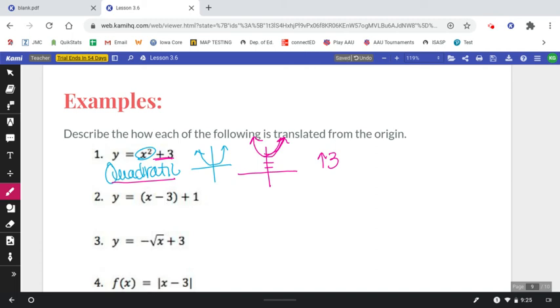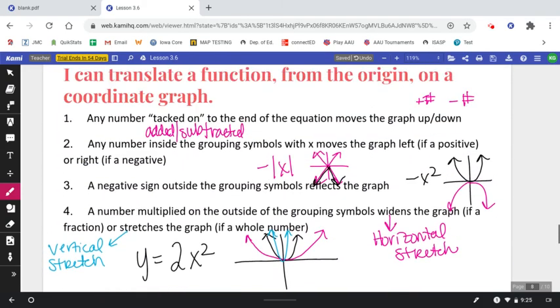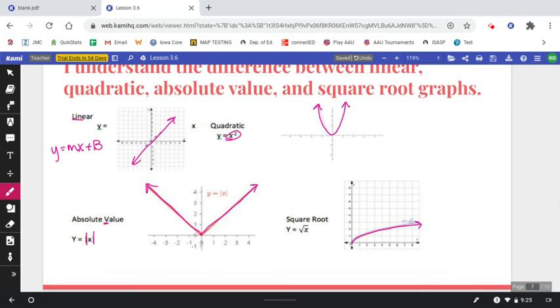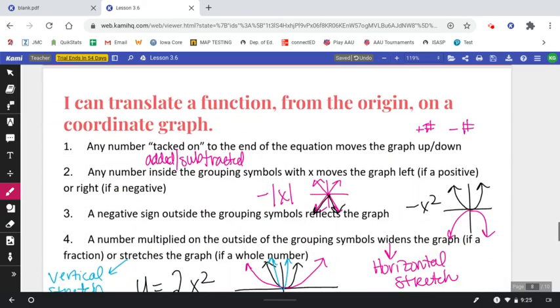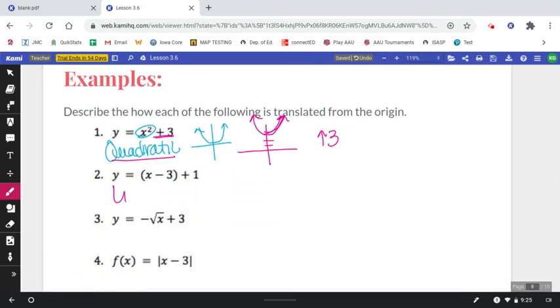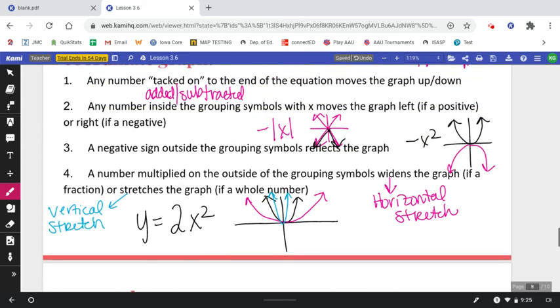The second one, I just have y equals parenthesis x minus 3, plus 1. There's nothing being squared. There's nothing being square rooted. There's no absolute value. So this is actually just a linear equation. Now this one has two things. Instead of just being y equals mx plus b, and the m in this case would be 1, so there's no change to the slope. There is, however, two shifts. The first one is a number that is added or subtracted inside the grouping symbols.